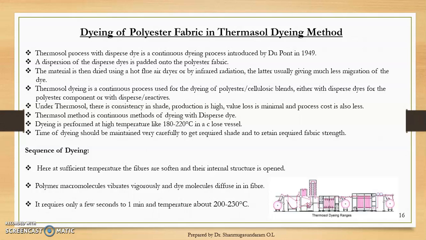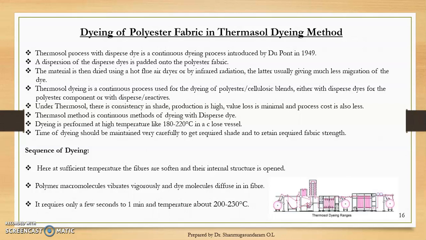Thermosol dyeing is a continuous process used for dyeing of polyester or cellulosic blends, either with the dispersed dyes for the polyester component, or with the dispersed and reactive dye components in the case of polyester cotton blends.